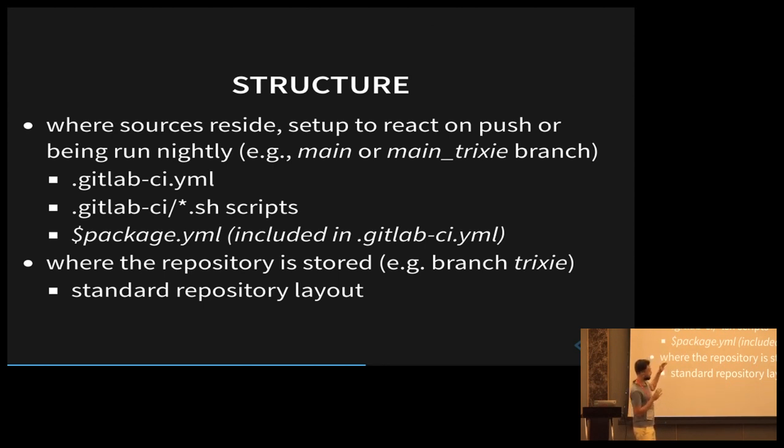The design is made so that you have one main branch with the definition of the repository itself, and then a second branch into which you push the Large File Storage files, the Debian packages, and the repository itself. For example, the branch Trixie here just has the standard repository layout created by some tool.